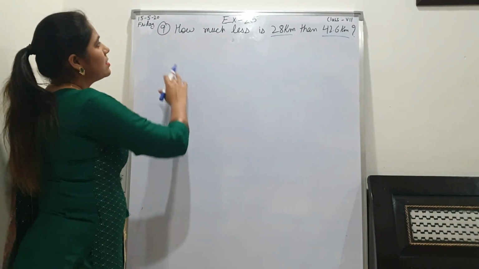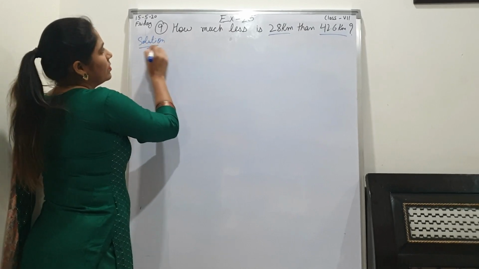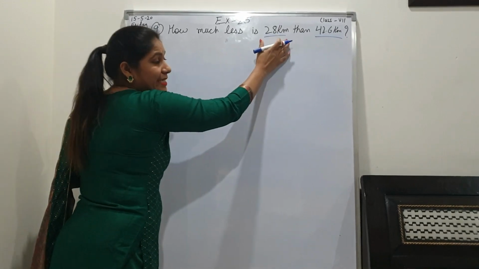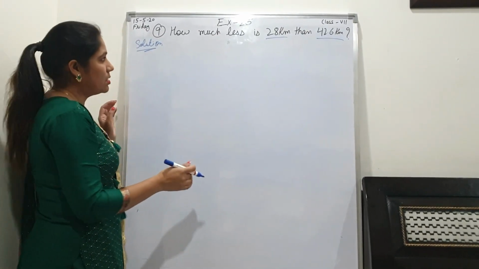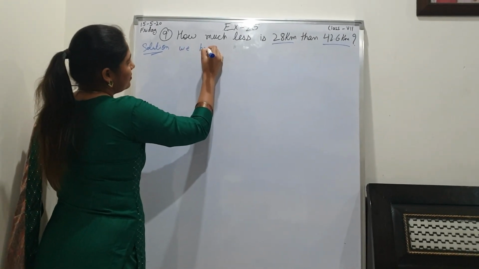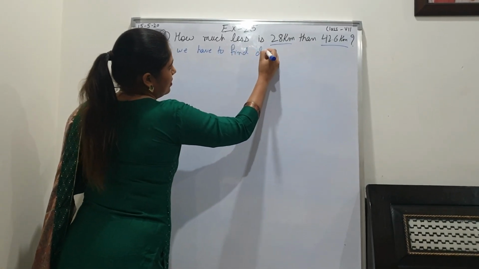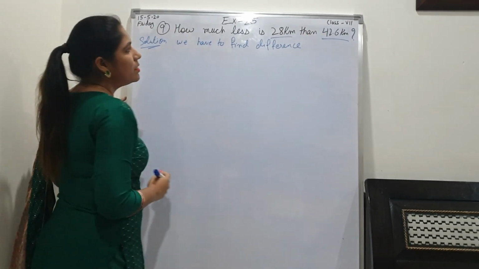So you will write the solution. You have to find how much less. It is less, but how much, you have to tell the number. So we have to find the difference between these two numbers.